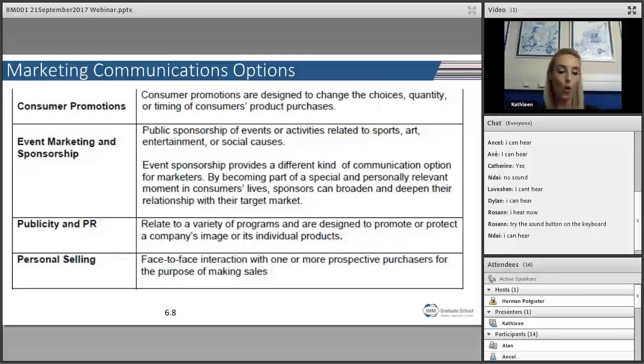Now, your outcome for this particular section is to outline the major 4 marketing communication options and the related tactical issues. So the 4 main ones that we are going to be addressing are, and they are classified together in your learner guide, but they are basically advertising, promotion, online marketing, and events and sponsorship.